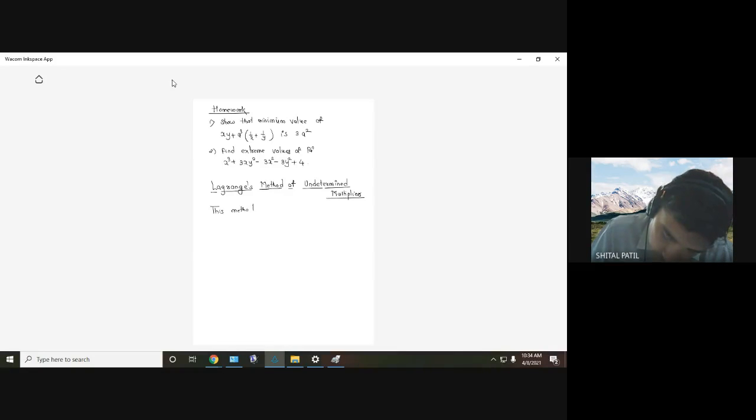This method is used to find stationary points of a function having 3 or more independent variables.